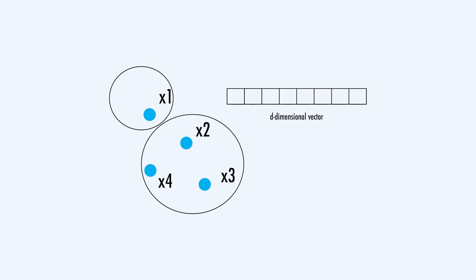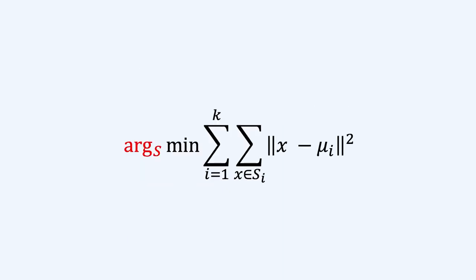K-means clustering aims to partition the n observations into k sets, S1, S2 to Sk. The objective is to find the k sets that minimize the sum for all clusters of the squared deviations between the points of the cluster and the cluster centroid.